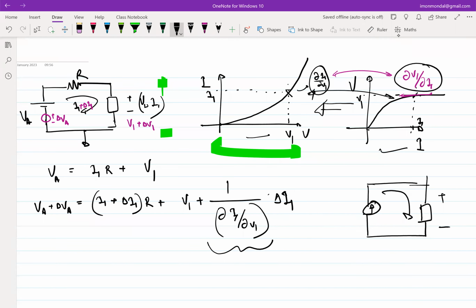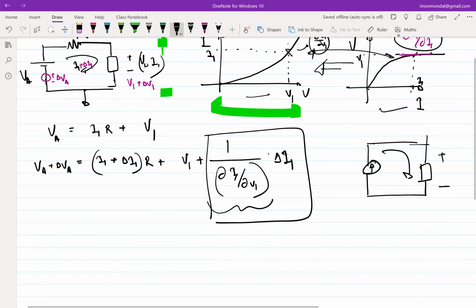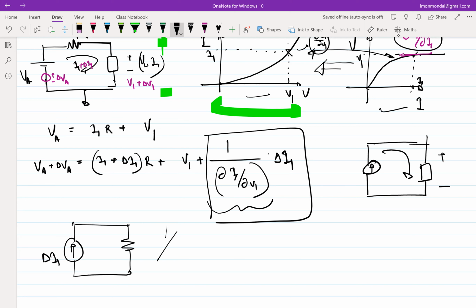Simply because it is relating your incremental current with an incremental voltage, right? So what is this entire expression telling you? It is telling you that you have developed a voltage delta V when you have passed a current. Let's say you have a current source, delta I1, and you pass it through a resistance of value 1 over del I1 del V1. Then the voltage across this is del V1.